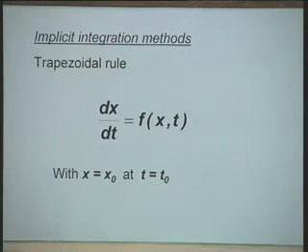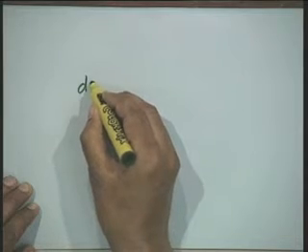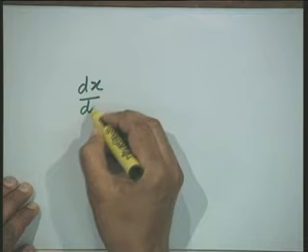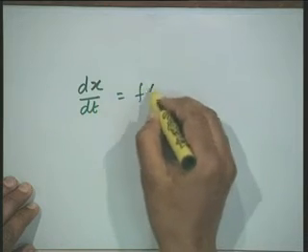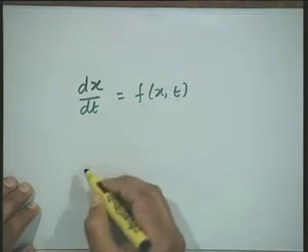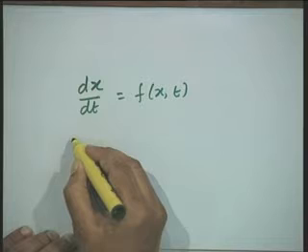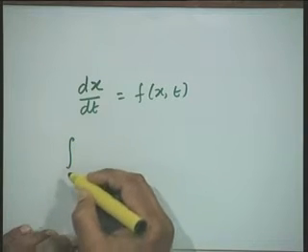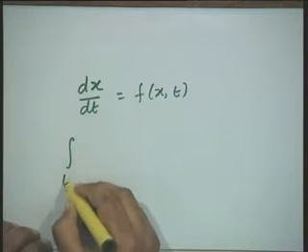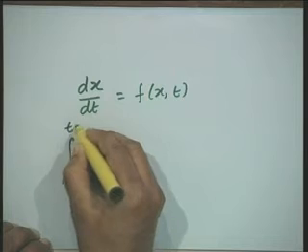You integrate dx by dt, which is a function of x and t, with respect to time, over a time step, say t naught to t1.